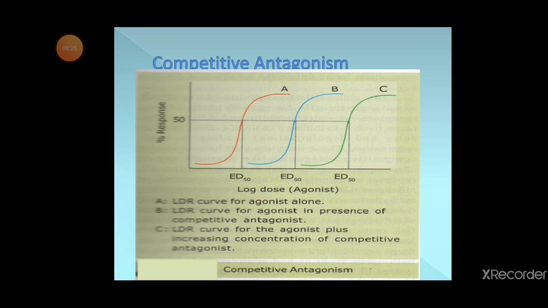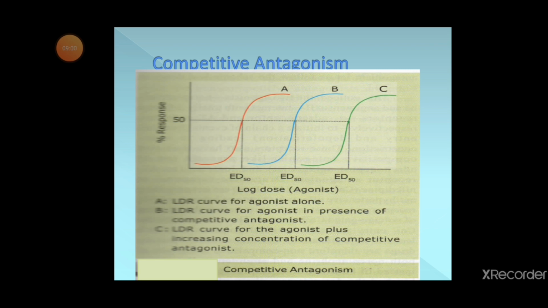Now we'll see which type of dose response curve is produced in presence of competitive antagonism. On the abscissa, that is the x-axis, you can see log dose of agonist, and on the ordinate, the y-axis, you can see percentage response. Three types of curve are shown in this graph: A, B and C. A curve is log dose response curve for agonist alone.